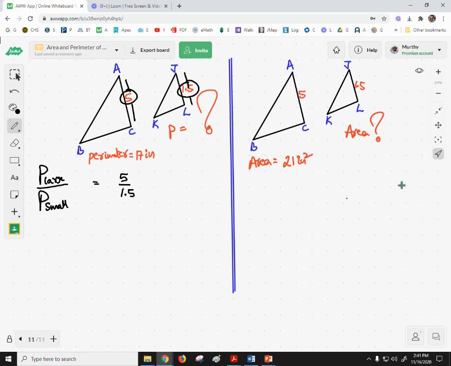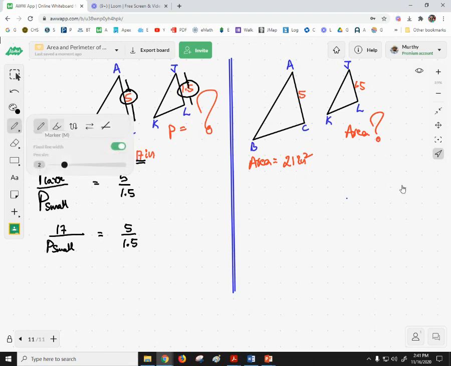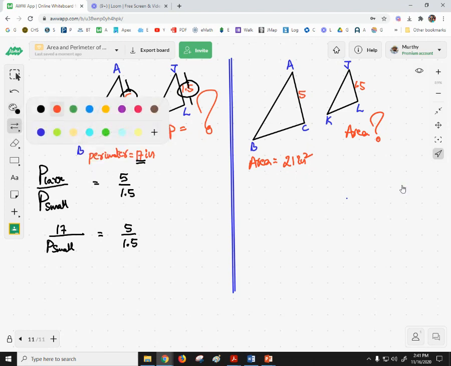The perimeter of the large triangle is already given, so 17 over perimeter of the small triangle equals 5 over 1.5. And here you can compute, you know what to do next. At this point I'm not continuing with the next part, I'm just giving you the hint and leaving here. I'll come back to this one at a later time.